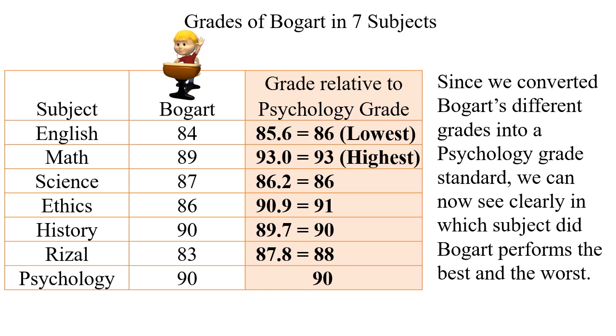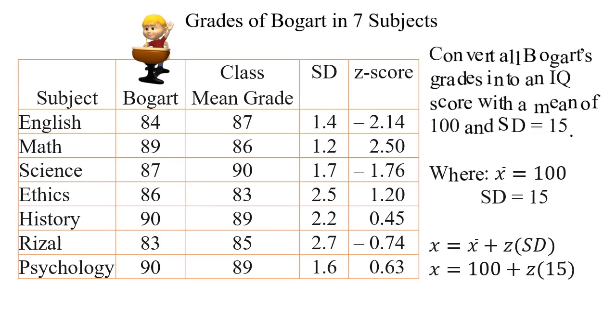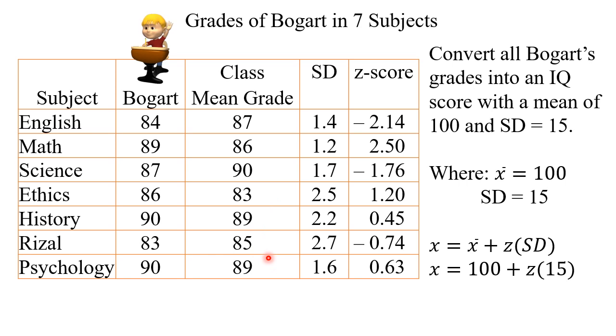Now, this one here. What if you are going to convert Bogart's grade into an IQ score? Can we do that? Yes. We still have the same z-scores that we solved earlier. All the scores are converted into z-scores, then we use the z-scores to convert these grades into IQ scores.